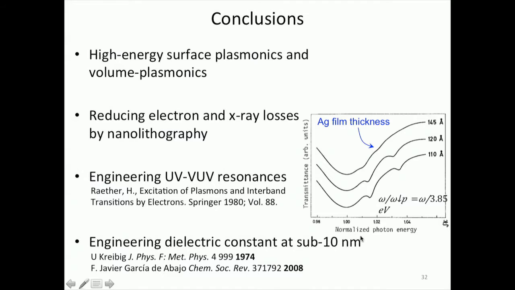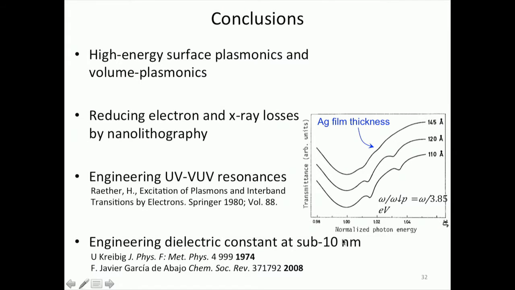So here you see some excitation of volume plasmon modes in silver thin films at energies a little bit higher than 3.8 eV. So it might in principle be possible to excite volume plasmons not only with electrons and X-rays, but with high energy light. And if we're able to control the volume plasmon resonance, we'll be controlling VUV light-matter interaction.